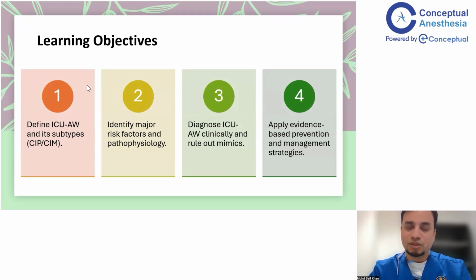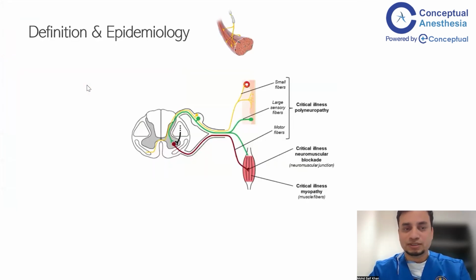We need to know about its detection clinically and laboratory-wise to rule out mimics. Mimics mean differential diagnosis. And we apply all this information to prevent and manage ICU-acquired weakness.